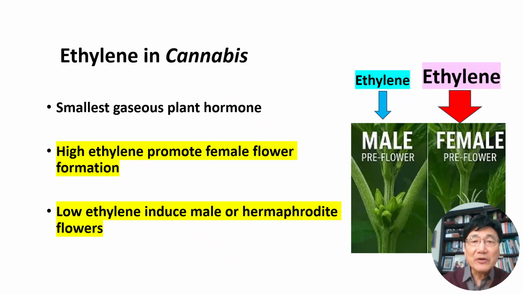Ethylene is the smallest gaseous hormone. Ethylene acts like a female-promoting hormone in cannabis plants. So, high ethylene stimulates more stable female flowers, while low ethylene induces male or hermaphrodite flowers.